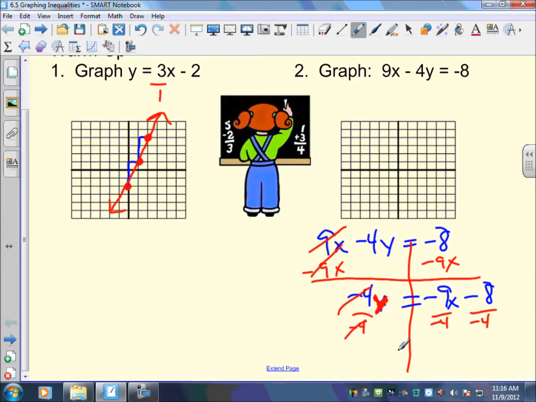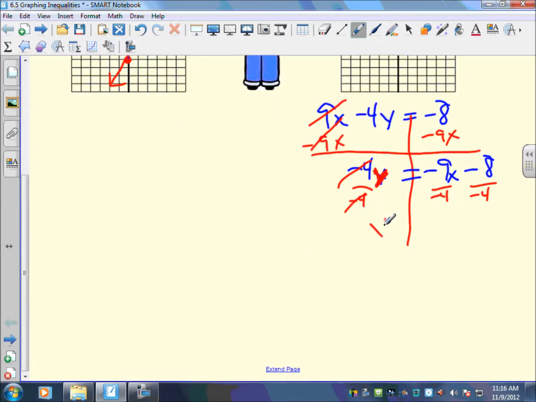-4 over -4 is a positive 1. 1y and y are the same thing. So I have y equals -9 over -4, which is positive 9 over 4. My x, -8 divided by -4 is positive 2.